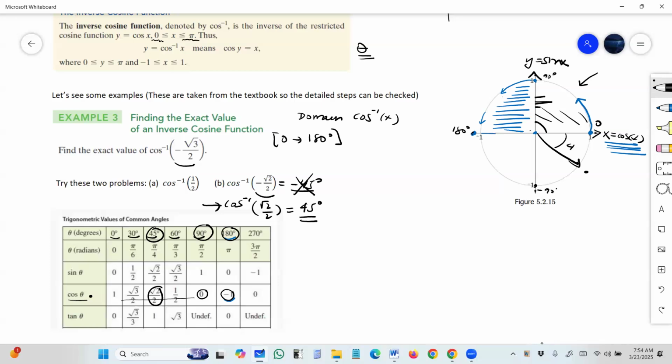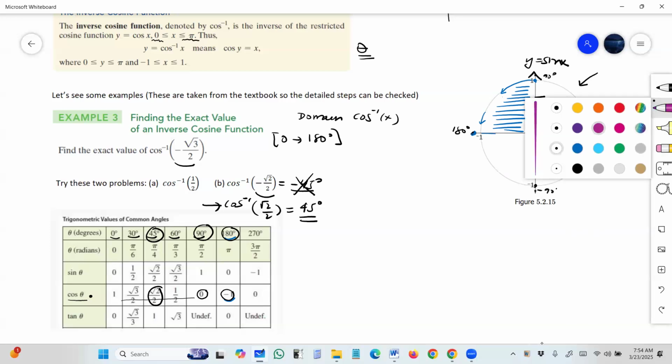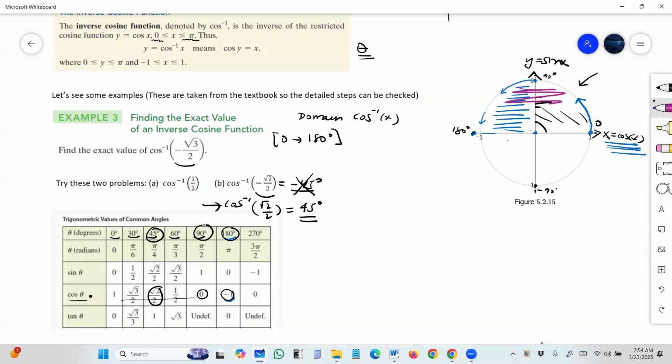This is 45 degrees, and this would be minus 45 for the sine. But for the cosine inverse, you can't do that, because there is no cosine inverse on this side of the curve. The cosine only exists here.